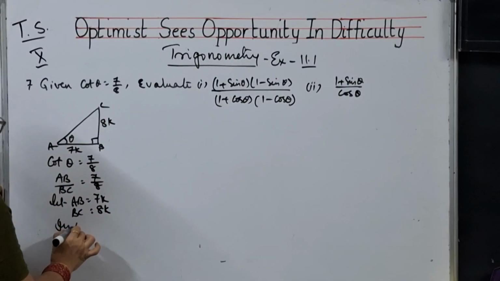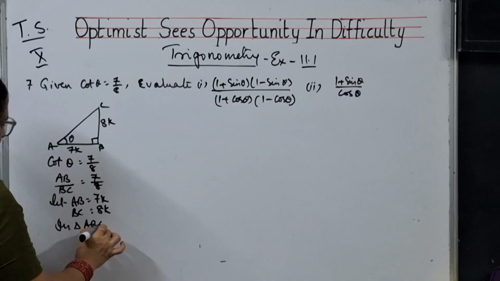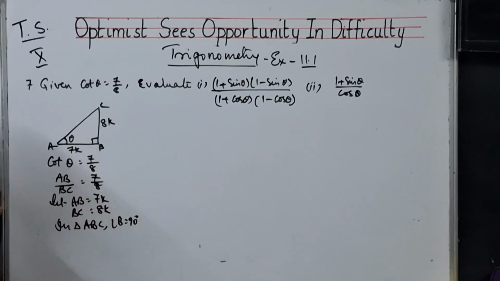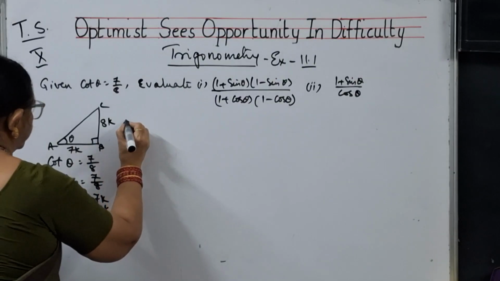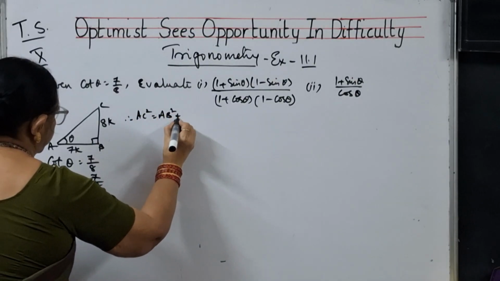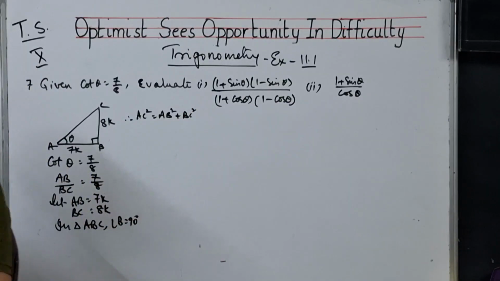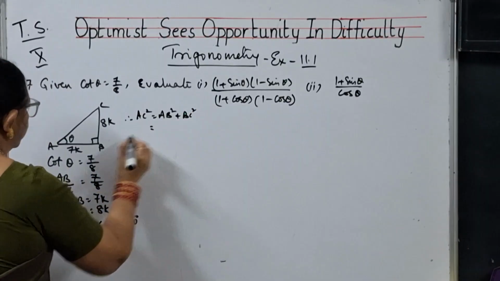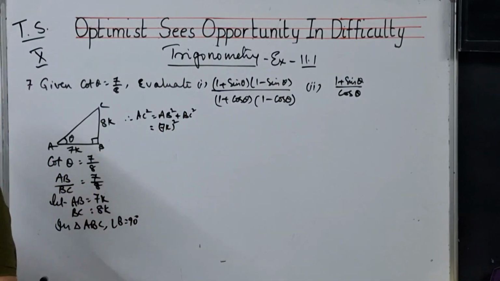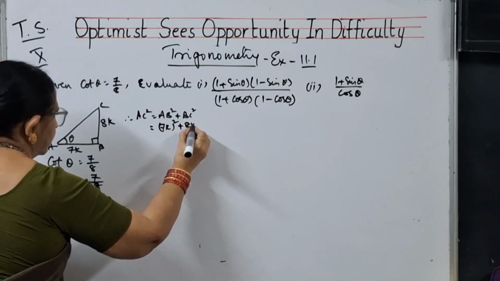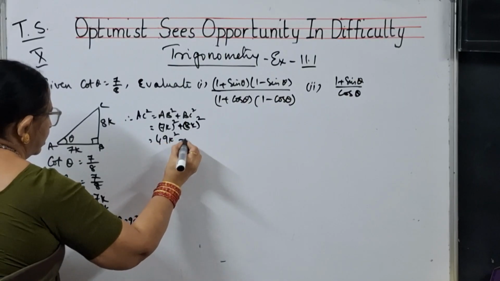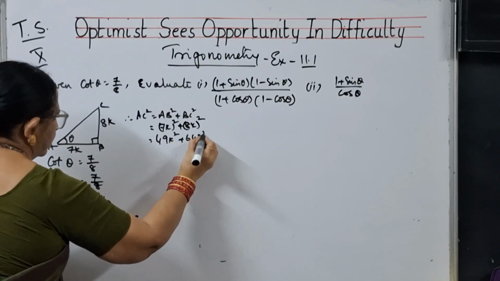So in triangle ABC, angle B is 90 degrees. Therefore, what you can say? AC square is equal to AB square plus BC square. AB is 7K, BC is 8K, so this is 49K square plus 64K square.